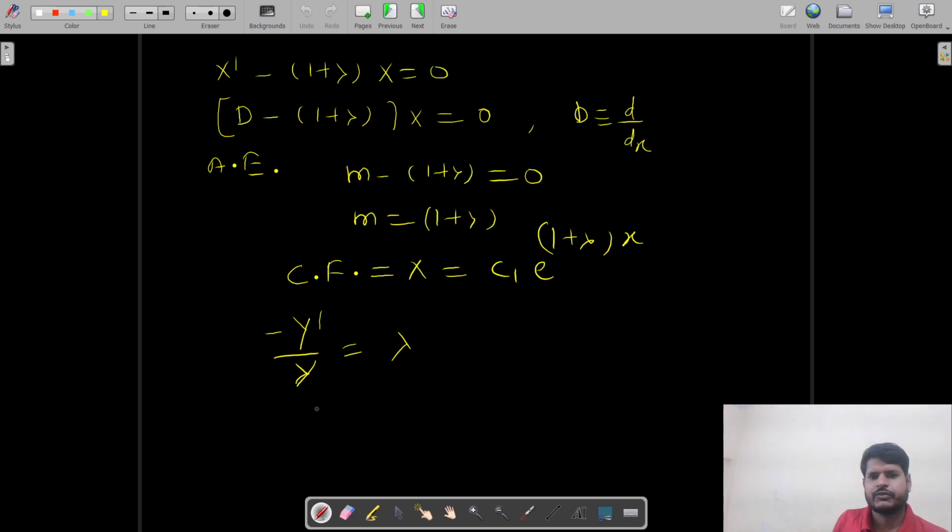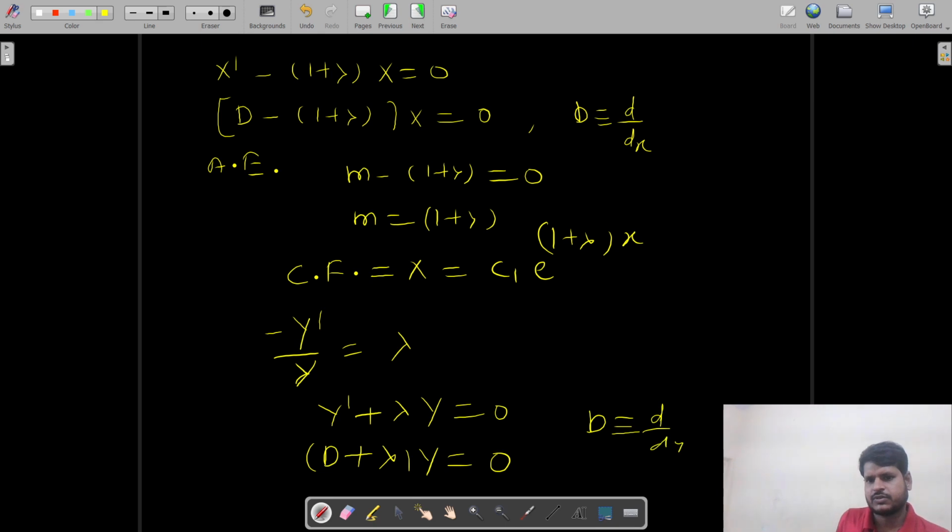Just write Y dash plus lambda Y equal to 0. You can write D plus lambda, Y equal to 0, where capital D stands for d over dy.